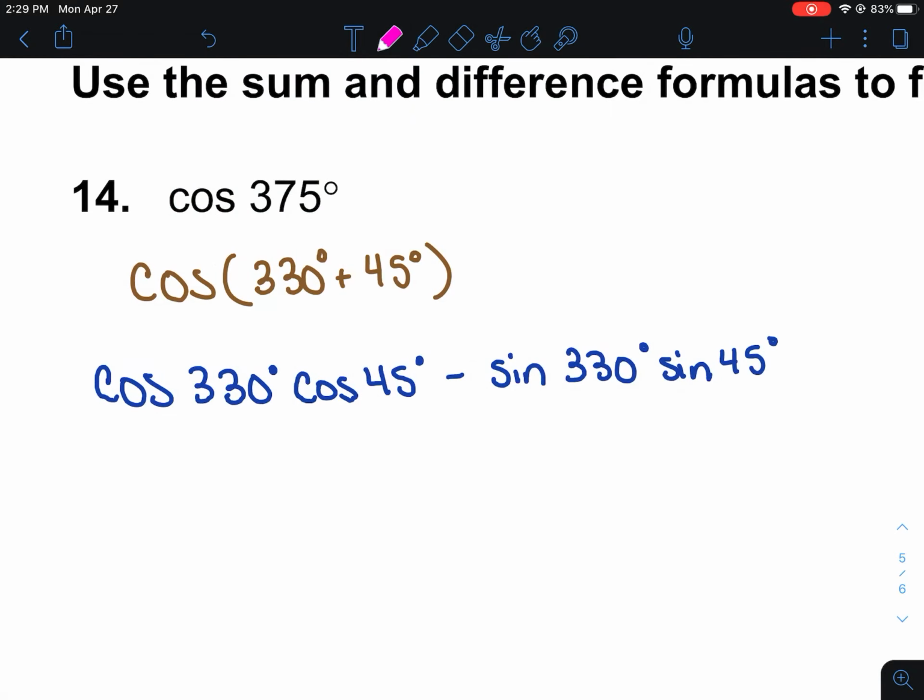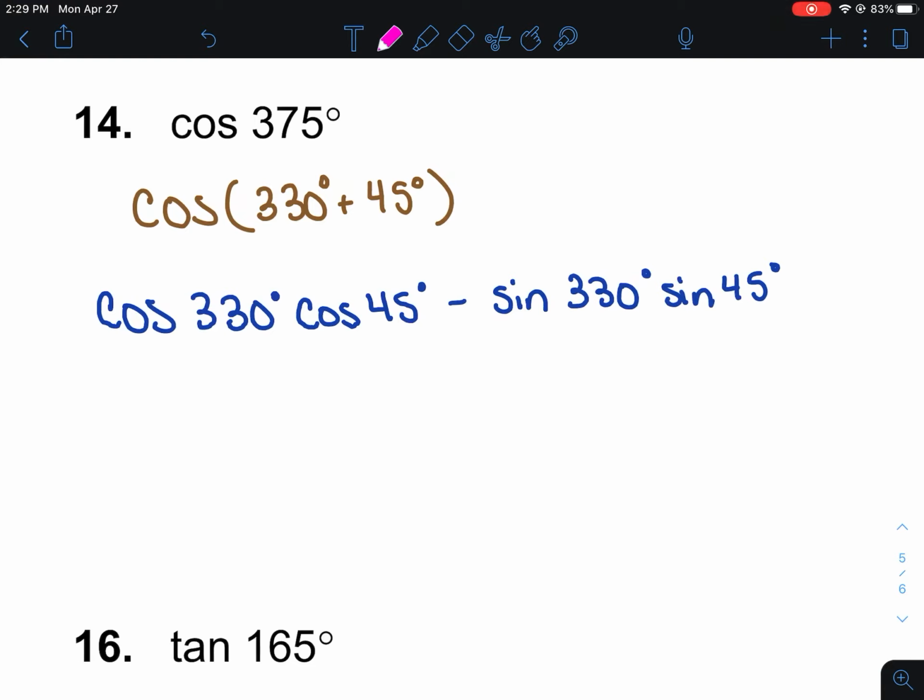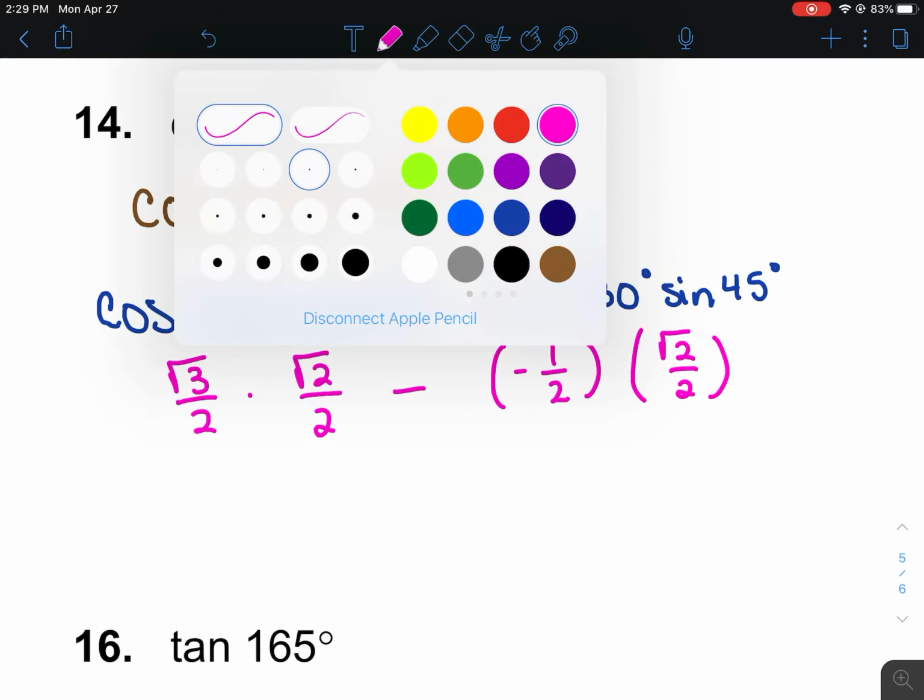Okay, and then we just evaluate using our unit circle. So the cosine at 330 degrees is root 3 over 2. The cosine at 45 is root 2 over 2. The sine at 330 is negative 1/2. The sine at 45 is root 2 over 2.